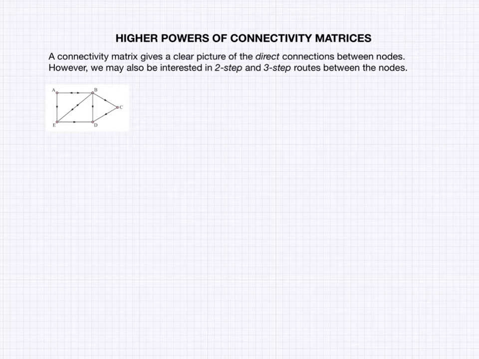So what we have is our original example that we looked at, where we were looking at the one-step connections. What we're going to do now is look at the two-step connections between the nodes. Once again, the starting point is still each of your different nodes, but this time we're worried about the two-step.